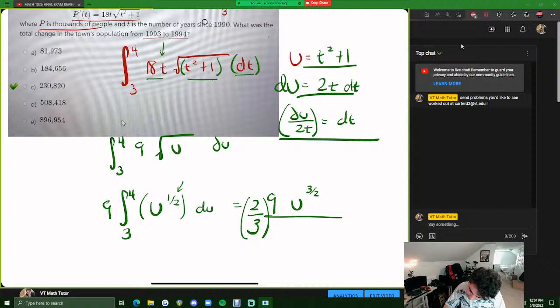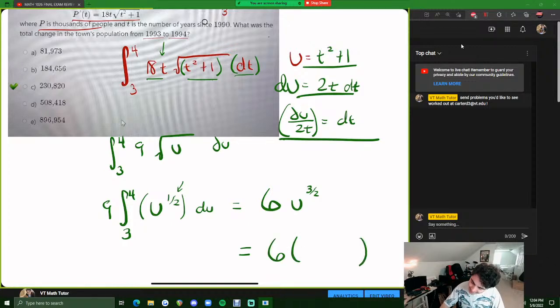Now if we multiply these, 2 times 9 is 18 divided by 3. 18 divided by 3 is 6. And so our antiderivative really is this here. And actually we do not need plus c, but before we evaluate from 3 to 4, we need to make sure that we sub back in what u was holding the place of in terms of t.